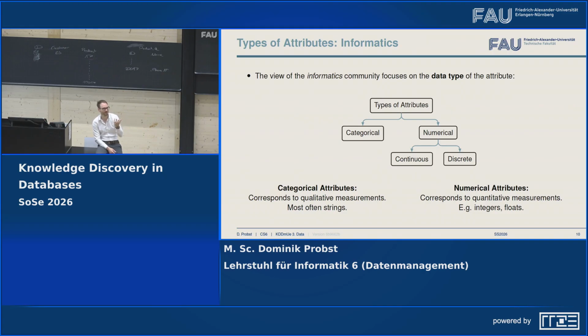You have to think about what's the reason in your use case. Do we have a certain amount of values we can expect when it's discrete? If we are talking about a continuous thing, we have a lot of values that can be divided further and further. Then we are more in the continuous spectrum. So there is no definitive answer to that. It depends a lot on the use case.